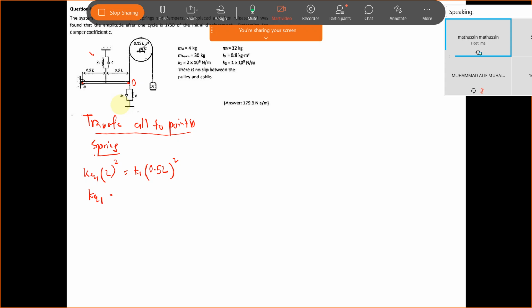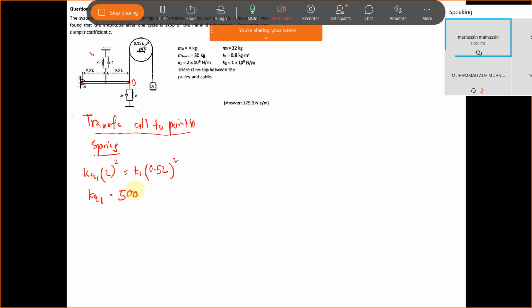Betul ke 500 ni? 0.5 square, betul lah 500 kan? Darab 2000. 500. So K equivalent 1 equals 500.